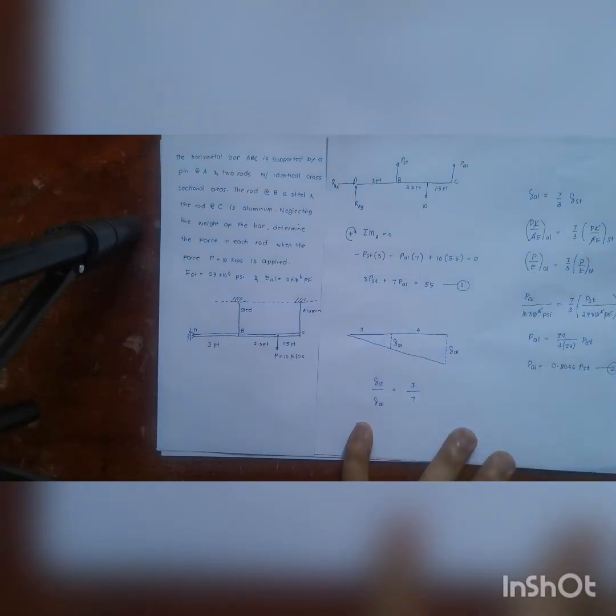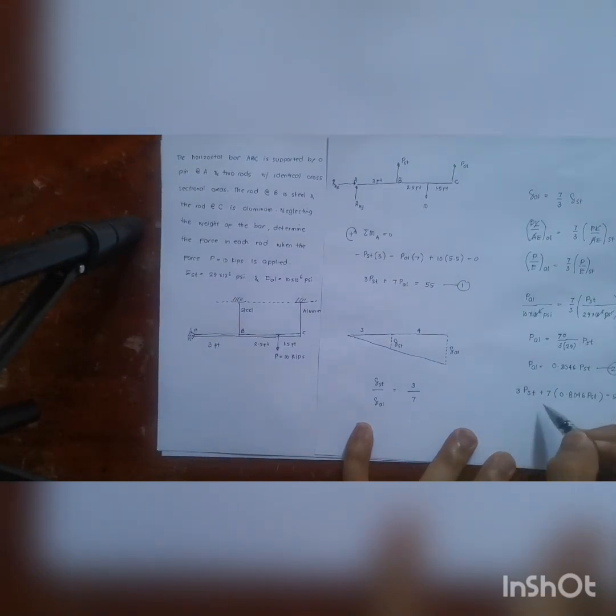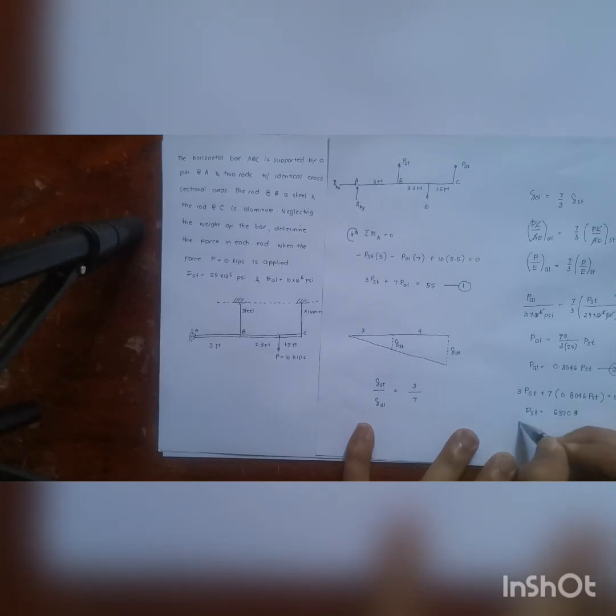Now substitute equation number 2 into equation number 1 to solve for the loads. Substituting into 3 PST plus 7 PAL, with PAL equal to 0.8046 of PST, equal to 55, we have only one unknown left. You can apply this in your calculator. We solve that PST is equivalent to 6,370 pounds.